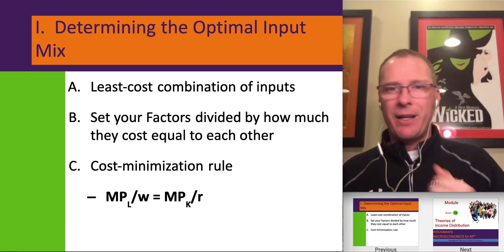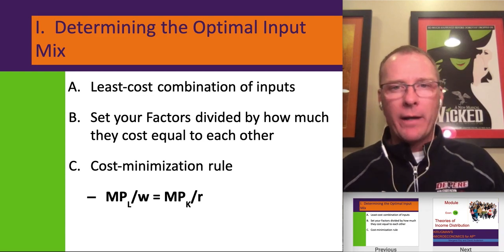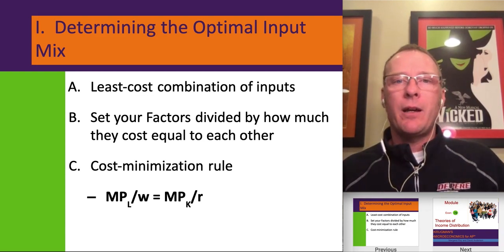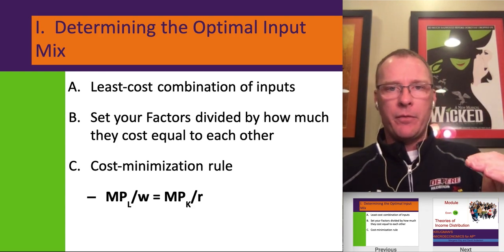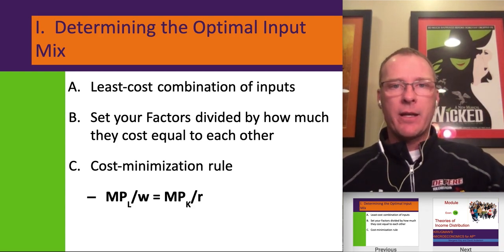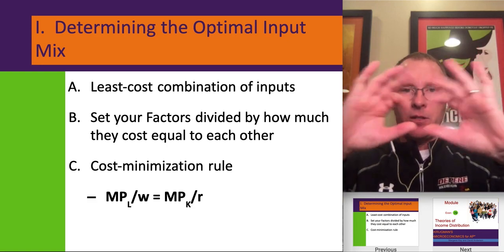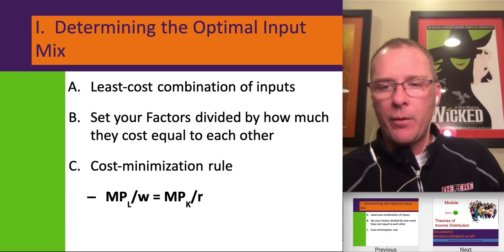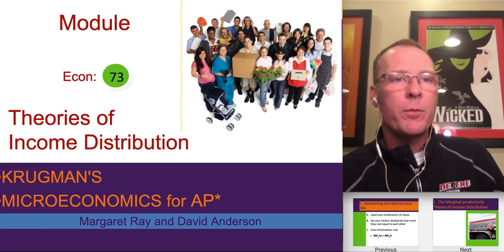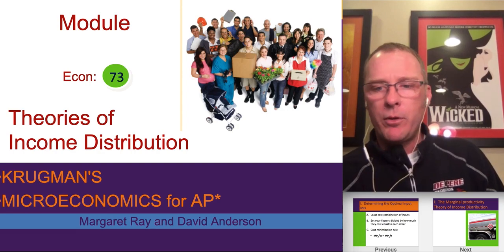It sometimes gets confusing when you think, I need this number to go down. Well, if you need that number to go down, then you probably need to hire more people. If you need that number to go up, you need to hire less as you're trying to get those fractions to equal each other. Not that difficult once you really think about it, but it's how that marginal product works.